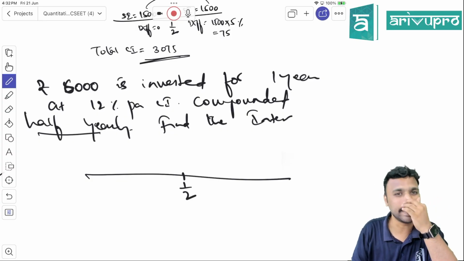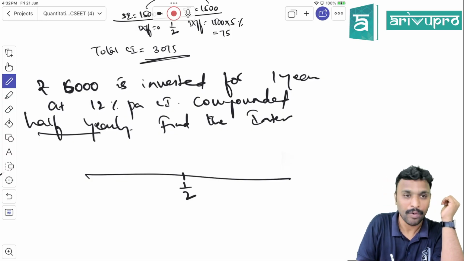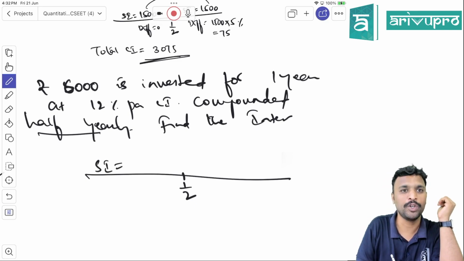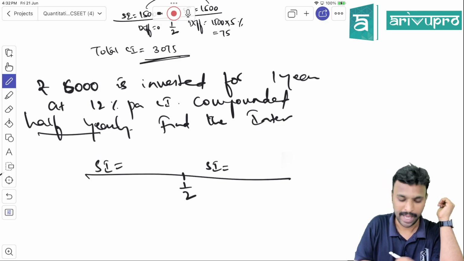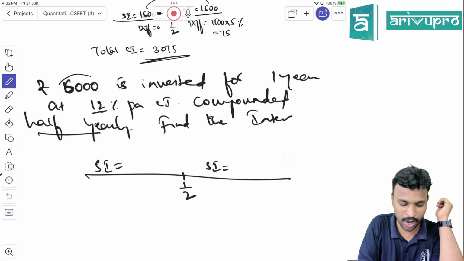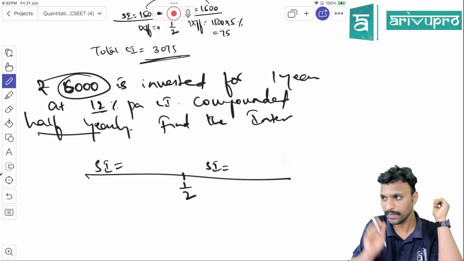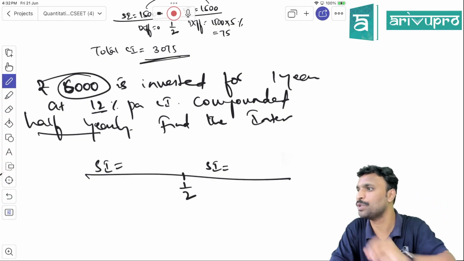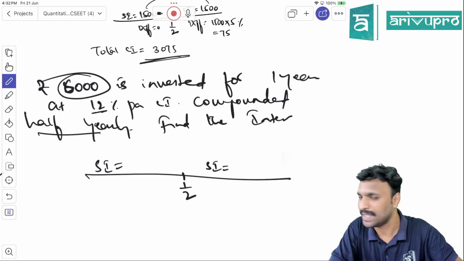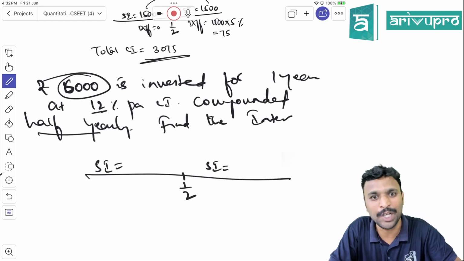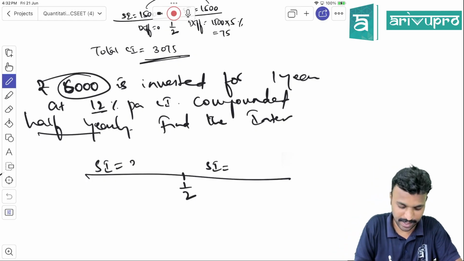On the top of every half year, what to write? SI. SI for the first half year, is it 12% or 6%? 6%. On what? 6,000. 1% of 6,000 is 60. So 6% is 60 into 6, which is 360.